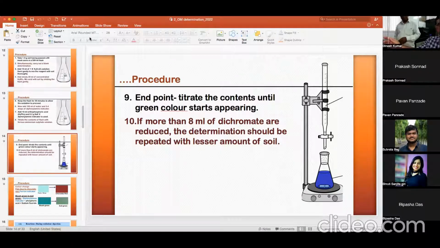This is the burette. So Prakash, what is the spelling of burette? Spelling of burette. B-U-Y-R-E-T, sir. No, wrong. Any other person who knows the spelling of burette? B-U-R-R-E-T-T-E. Wrong. No double R. B-U-R-E-T, sir.